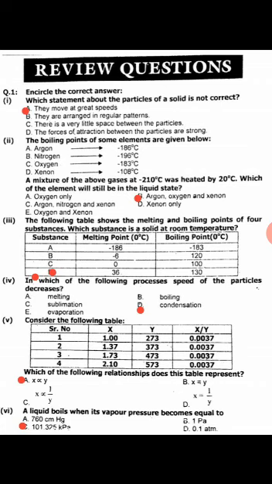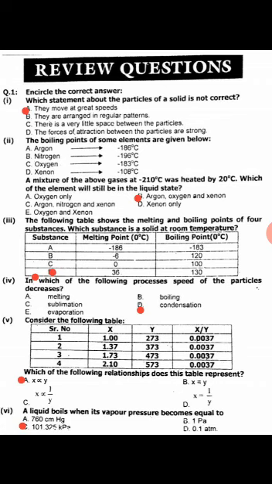So the second part is, a mixture of the gases at minus 210 degrees was heated by 20 degrees. Which of the elements will still be in the liquid state? These temperatures are all lower than 0 degrees. It means they are all gases: either oxygen, nitrogen, argon, or xenon.